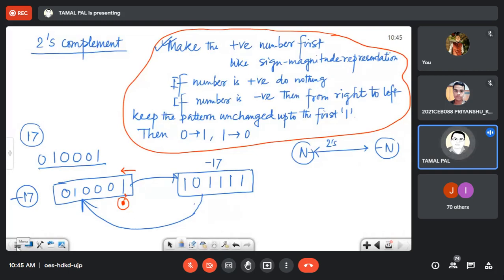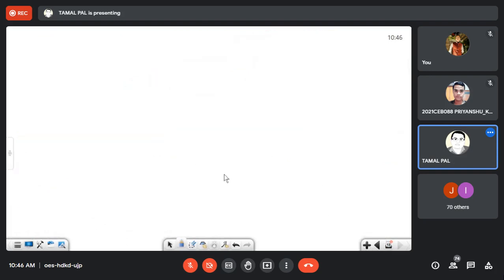Let us do another example. Let's say the number is 38. What is the binary? 1, 2, 4, 8, 16, 32.